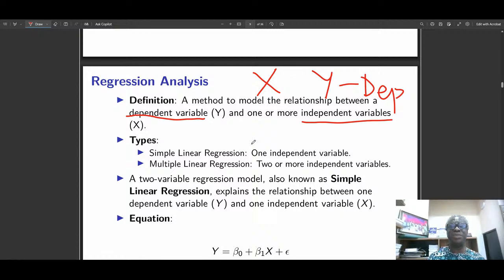Which means the variables in regression are usually categorized into two: dependent and independent.